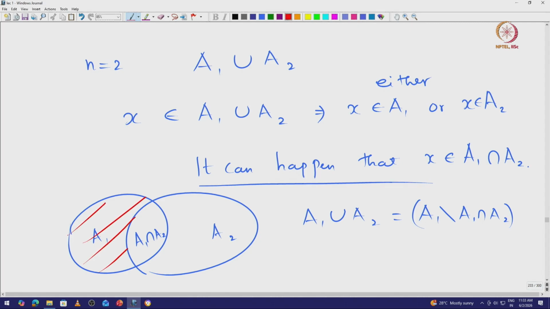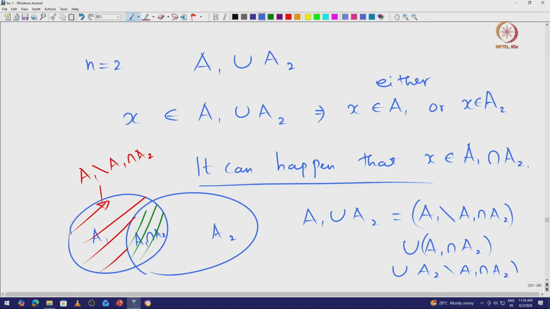So I am only taking this part, A1 difference A1 intersection A2. Then we can take this union and look at this part which is actually the intersection, so it is A1 intersection A2. Then we can write it as union A2 difference A1 intersection A2. So this is the third part which is here.